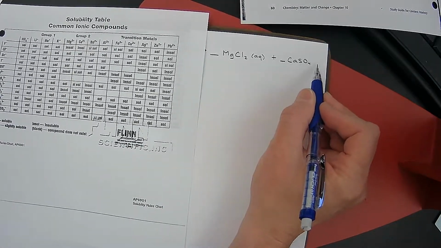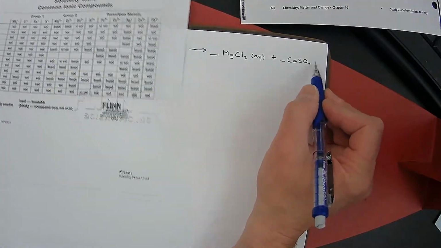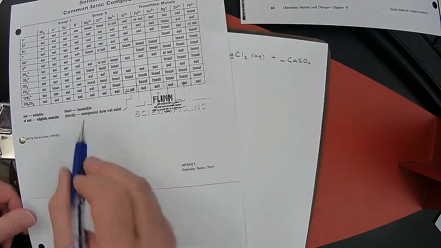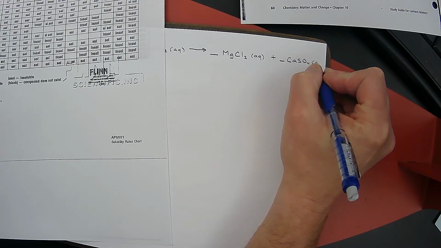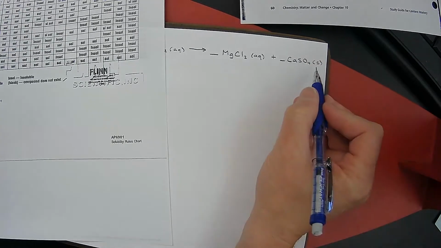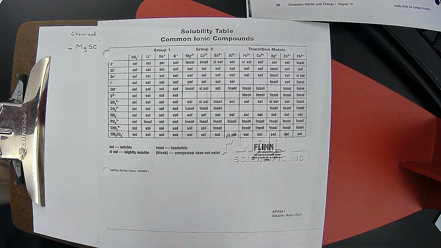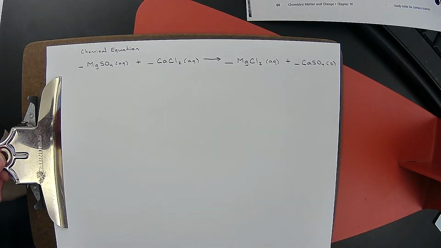If you have slightly soluble and the other substance is insoluble, then it goes to soluble. So it goes the direction of the opposite. So we're going to put an S for solid, because we're going to be saying that this slightly soluble is actually insoluble since the magnesium chloride is soluble.